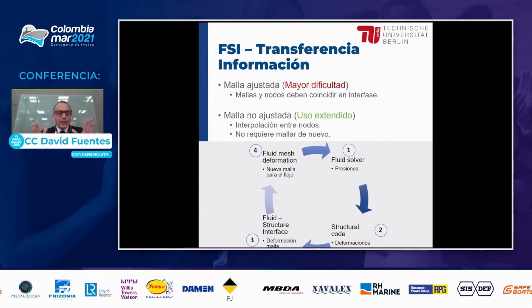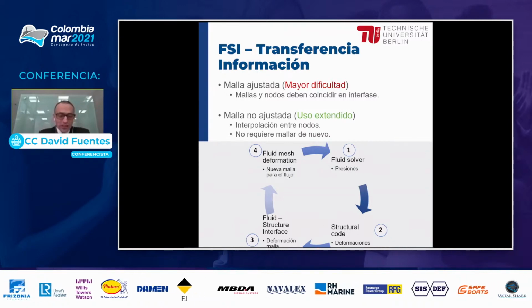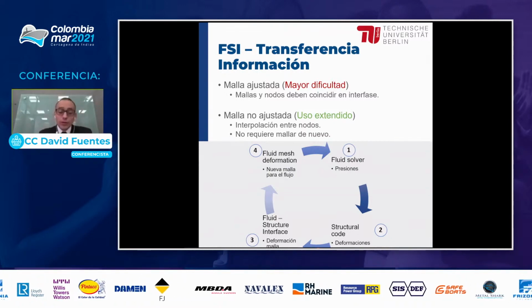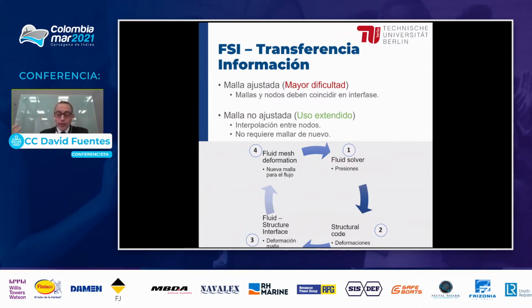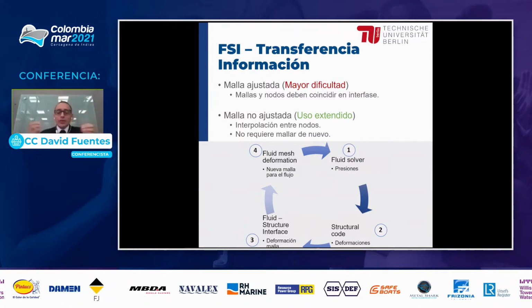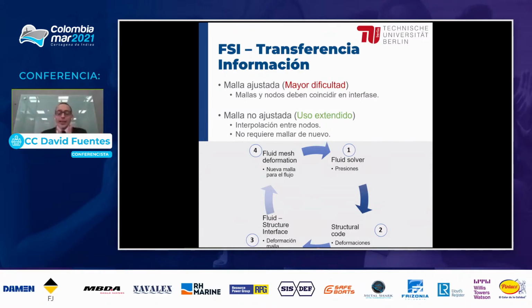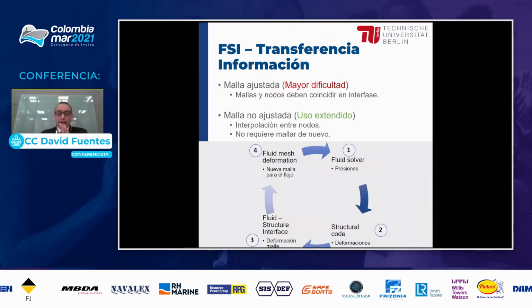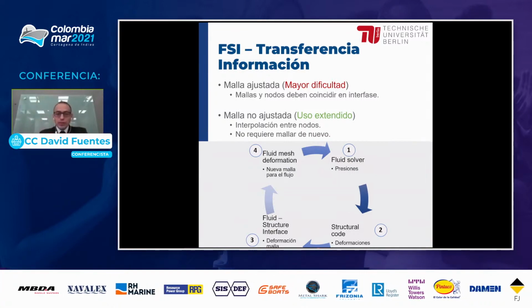So this adjusted mesh is not very much used. But on the other hand, we have the mesh that's not adjusted. Each mesh is used depending on the method, and what is done is that it's interpolated to transfer the information to each domain.